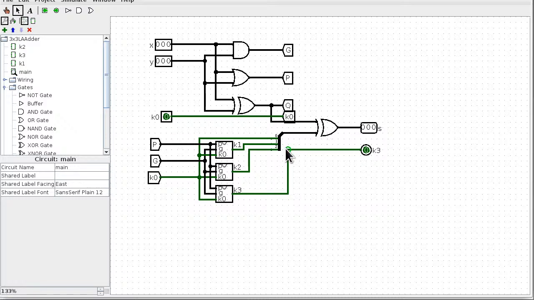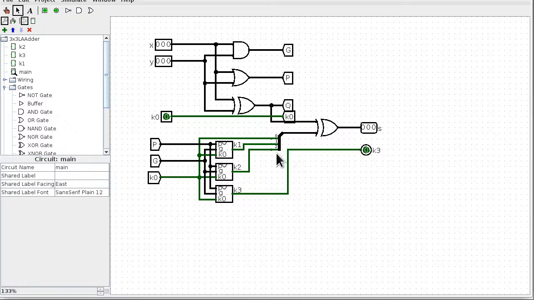Some people initially use K1, K2, and K3, and that is not going to work, because then we'll end up using K3 exclusive OR with Q2 to compute S2, and that is not correct, because S2 depends only on K2 and Q2.